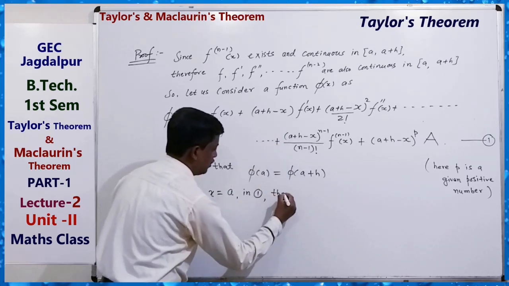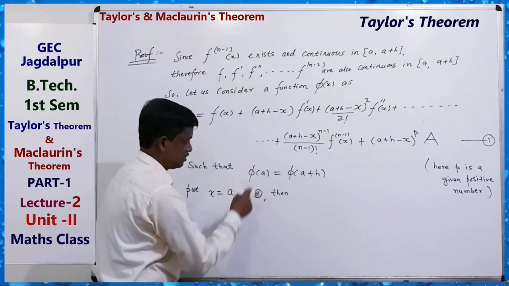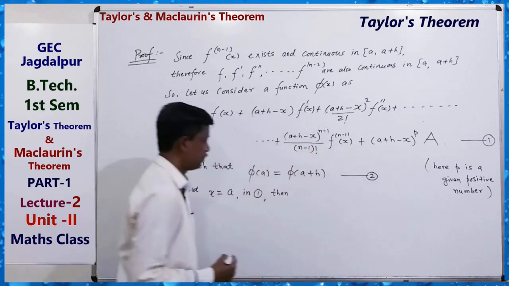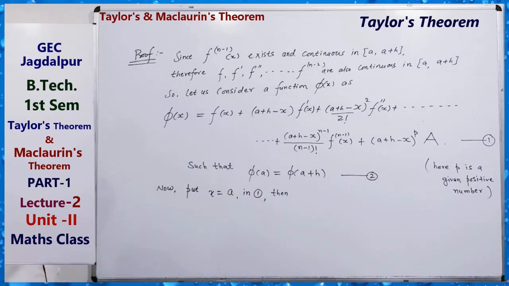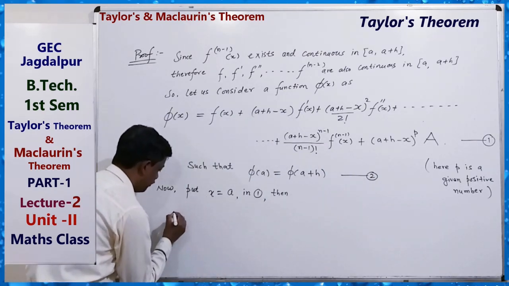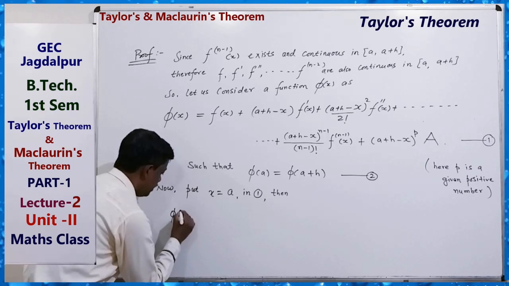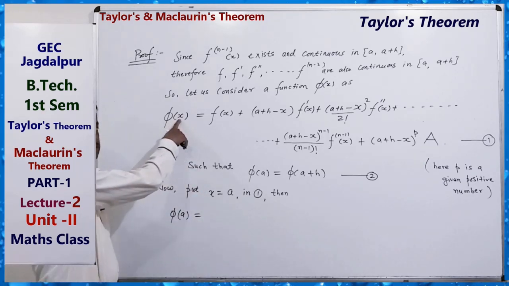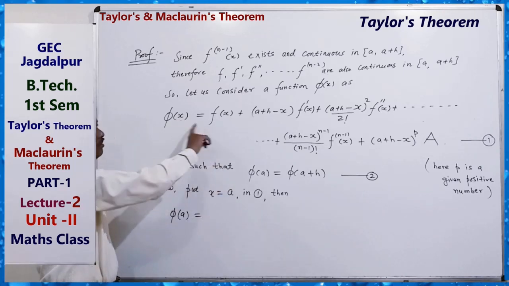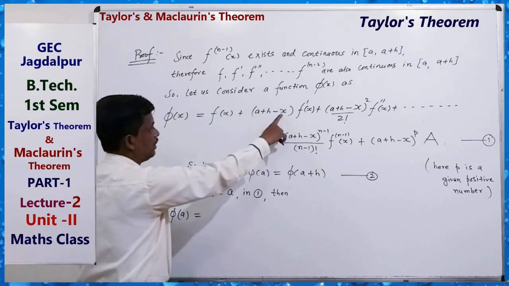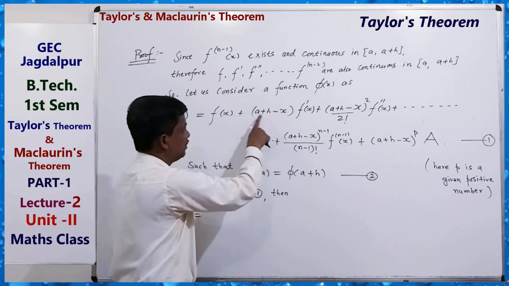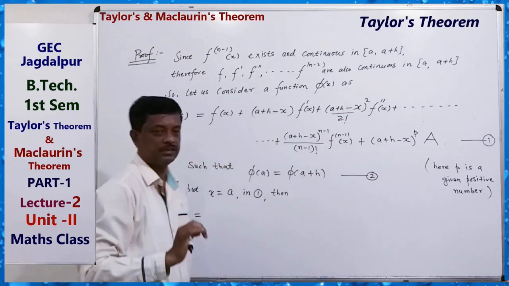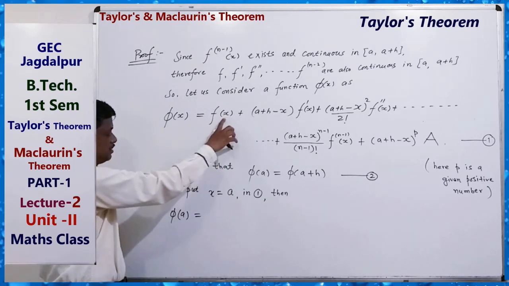Then phi a equals, just put a in place of x: a minus a cancels, h remains. In this combination there will be h, and here x equals a.